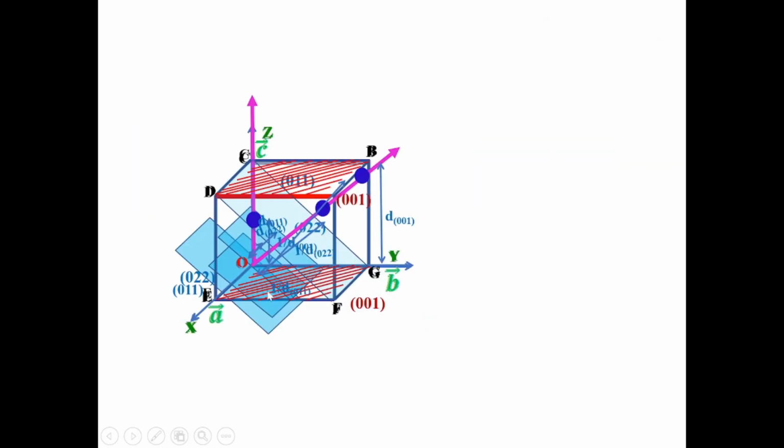Collectively, if we consider all the planes and their corresponding reciprocal lattice points, then for 001, this is the lattice point. For the 011 plane, this is the lattice point. For 022, this is the lattice point. Likewise, several planes we can consider in the cube, and we can find their corresponding lattice points.